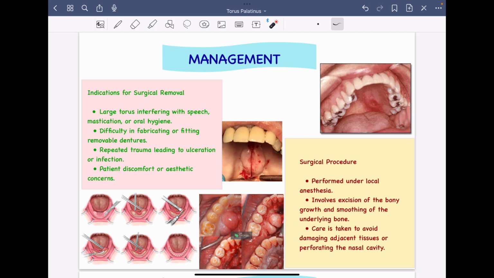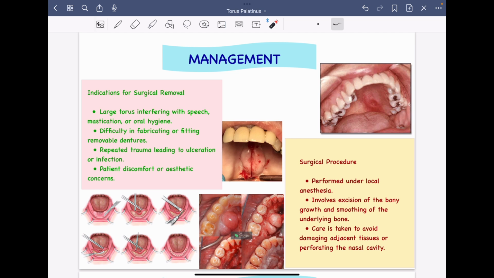Now let's move on towards the surgical line of treatment. So there are 4 indications for surgical removal of Torus palatinus. First is definitely when there is a large torus present, which interferes with speech, mastication or oral hygiene. In such cases definitely surgery is necessary.